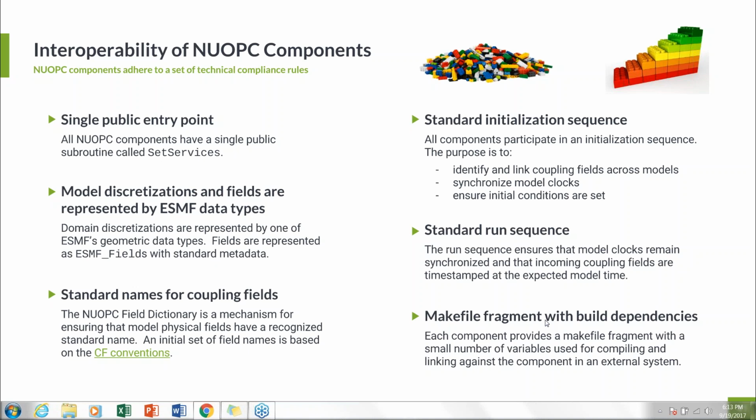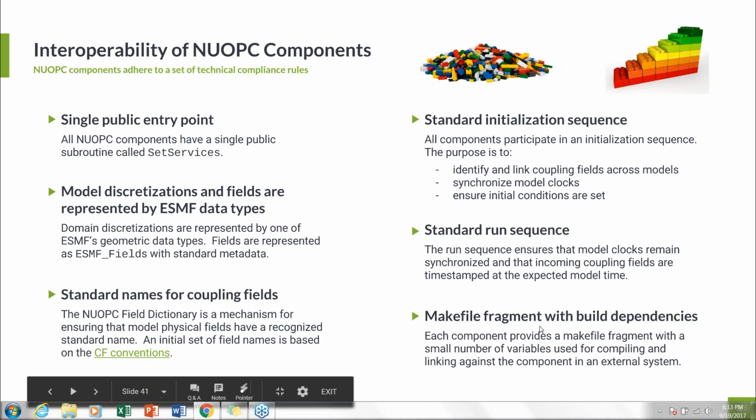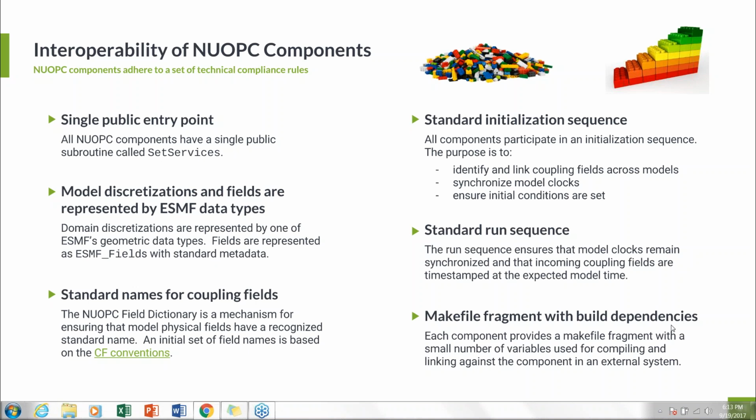We aggregate all of the makefile dependence fragments from all of the components, and we use those to build the one final executable that is the full coupled system. So this is just a mechanism to simplify the build process, because eventually you need to wind up with one executable. So you have to deal with how we build these components separately as libraries, and how we make sure we got everything linked together in the end.